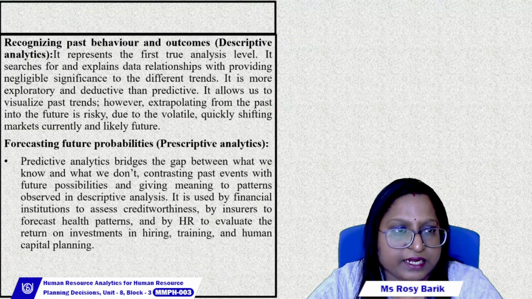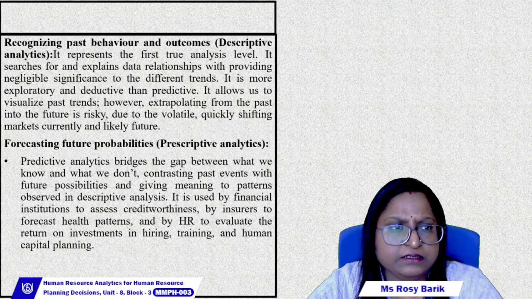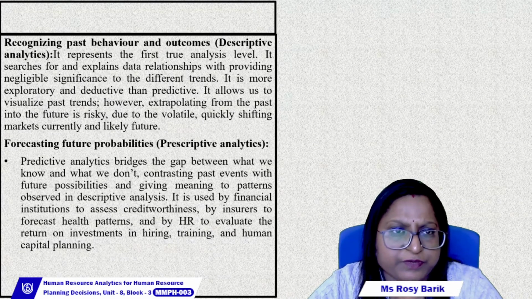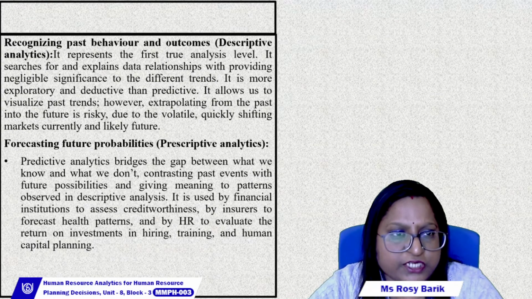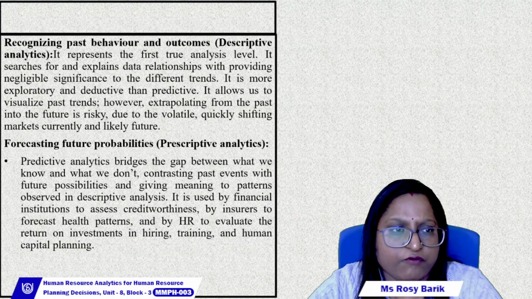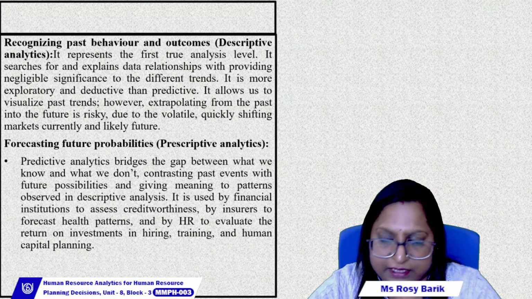So, next is recognizing past behaviors and output, that is descriptive analysis. It represents the first two analysis levels. It searches for and explains data relationships, providing negligible significance to the different trends.